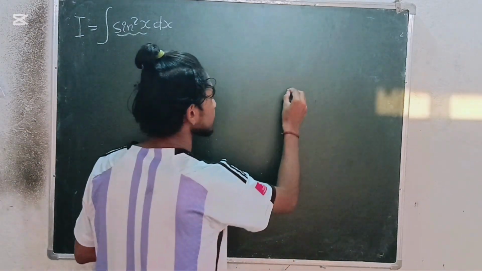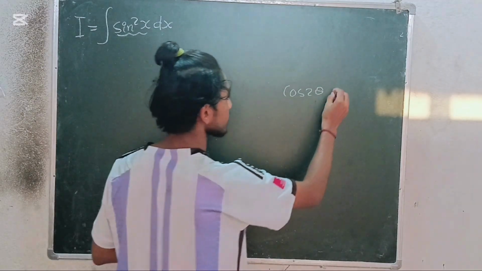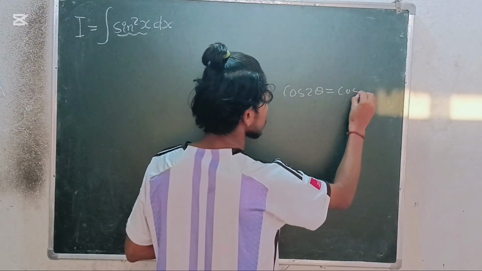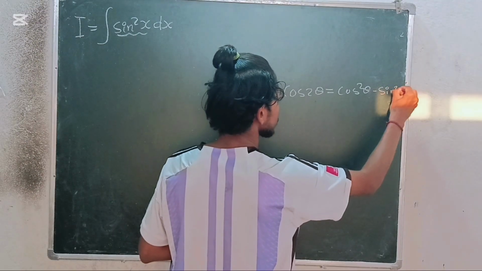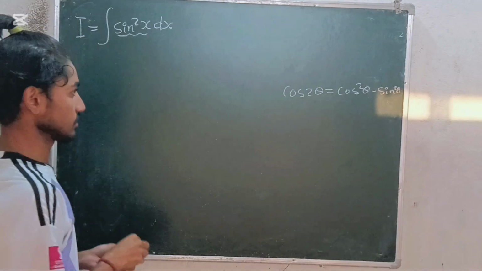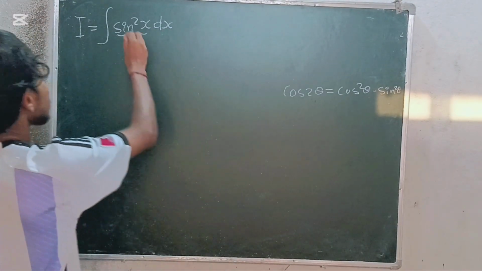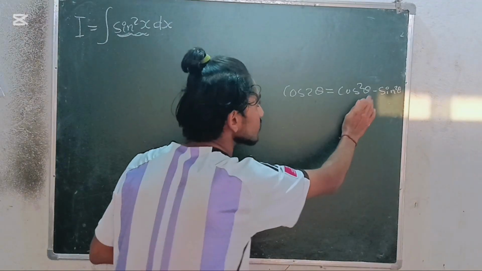The identity is that cosine of twice the angle theta can be written as cos squared theta minus sine squared theta. Since I have sine of x here, I'm going to replace the cos in terms of sine.